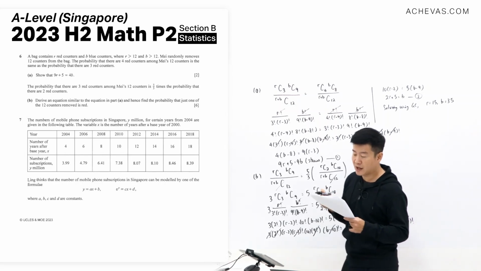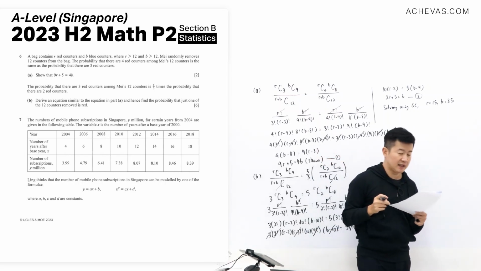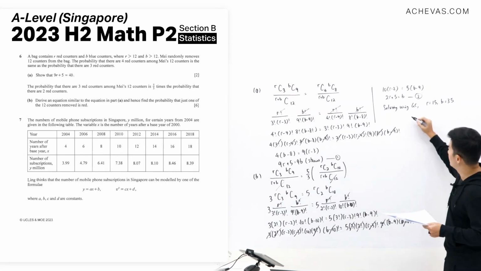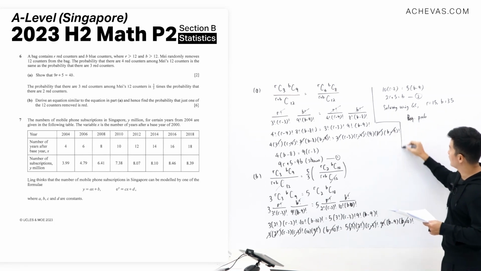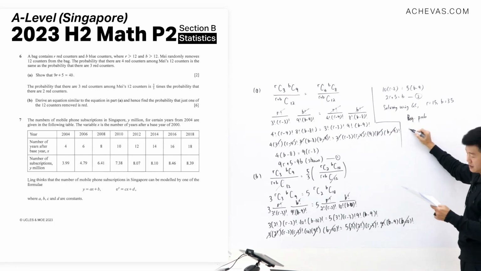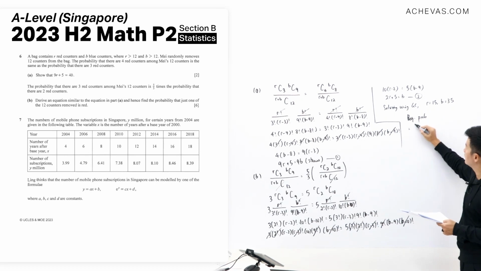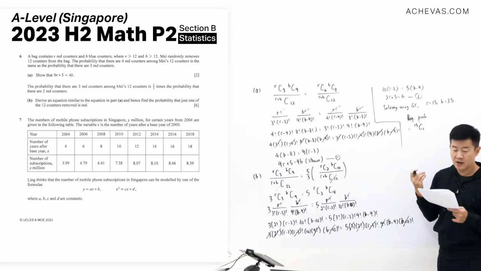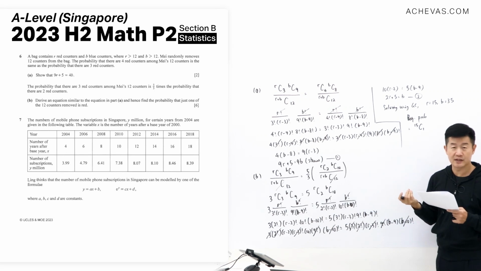So with this, we are now going to try to calculate the probability that just one of the 12 counters removed is red. So from here, the very last part, the required probability that we are going to be working on will be, out of the 15 red, we are going to be choosing 1, because this is the criteria that is mentioned to us by the question. We want to have just one of the 12 counters removed is red.